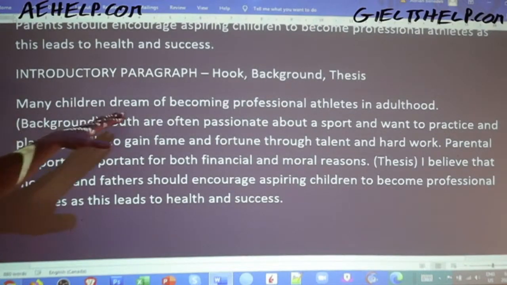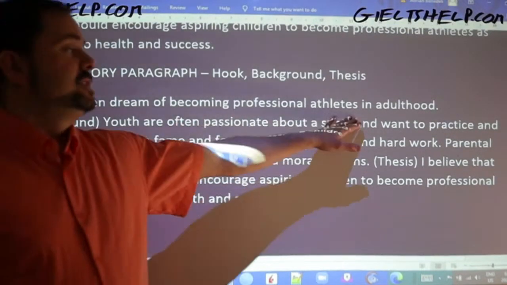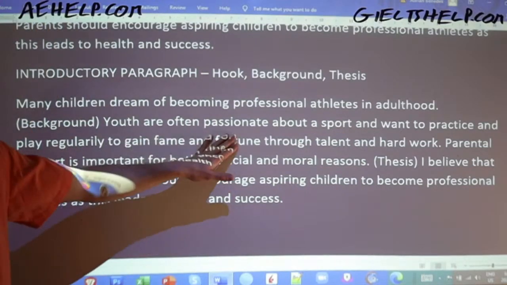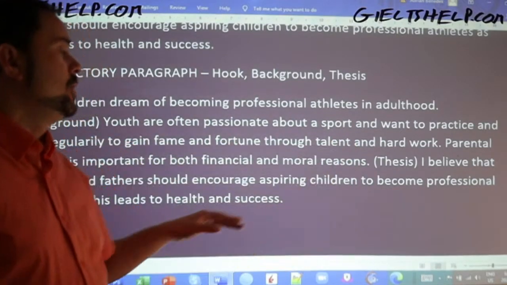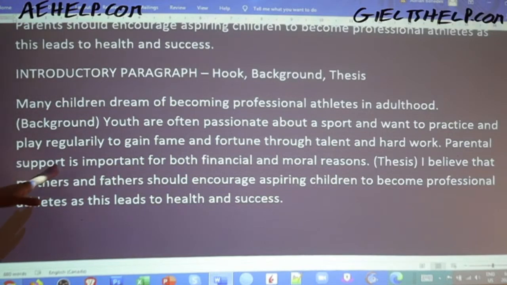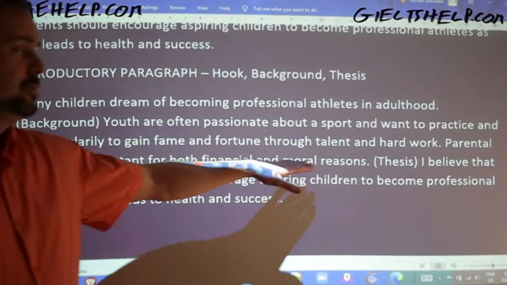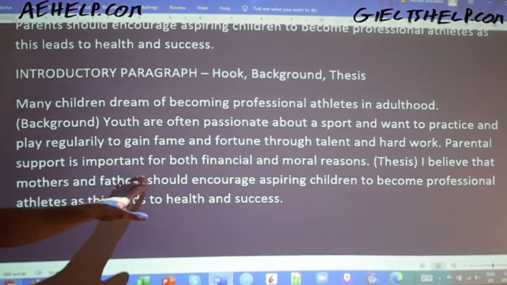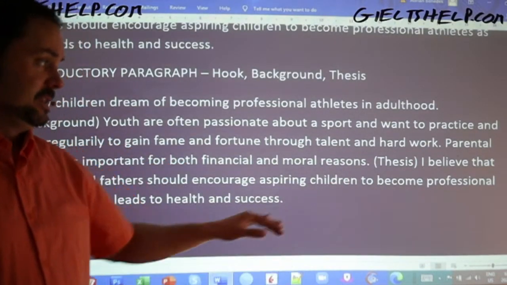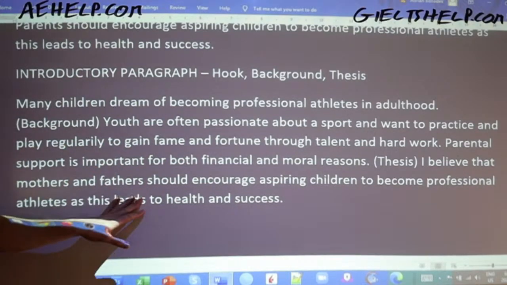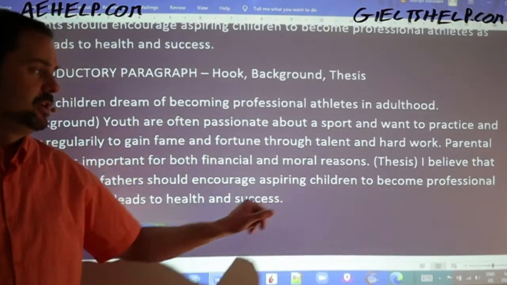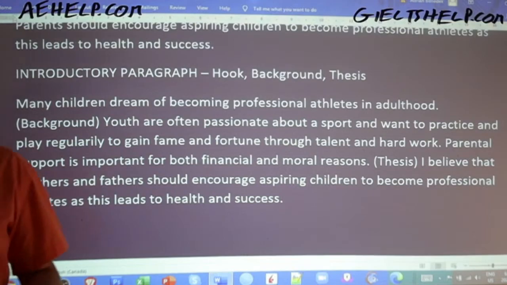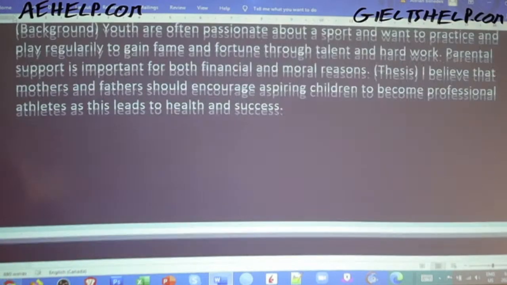So many children dream of becoming professional athletes in adulthood. Youth are often passionate about a sport and want to participate and play regularly to gain fame and fortune through talent and hard work. Parental support is important for both financial and moral reasons. I believe that mothers and fathers should encourage aspiring children to become professional athletes, as this leads to health and success.